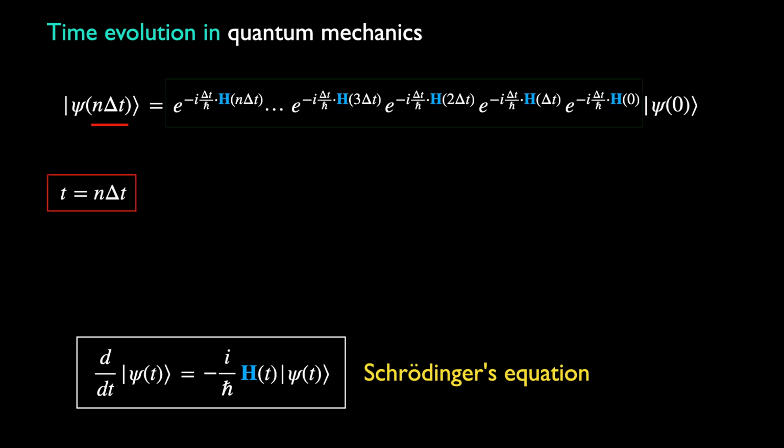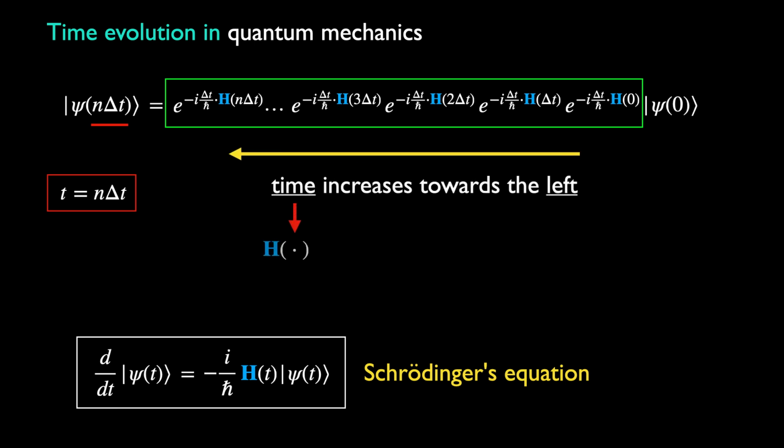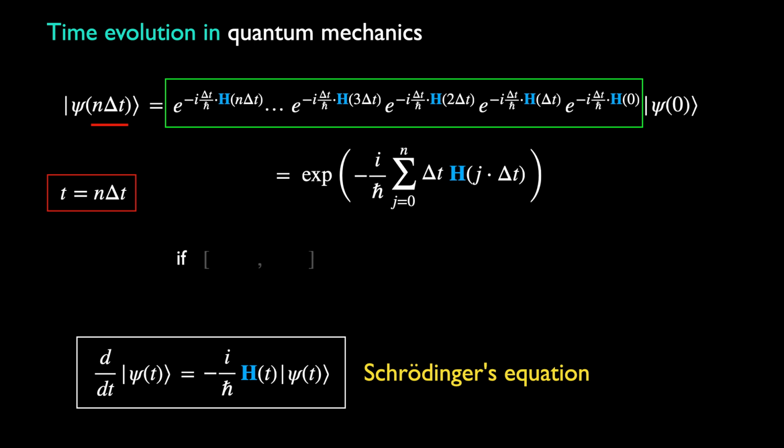Note that the time in the argument of H in the unitary operators increases towards the left. If we consider H to be an ordinary number, then this expression can simply be combined into a single exponential as usual. This would be true if H at different times commute with each other, like ordinary numbers.